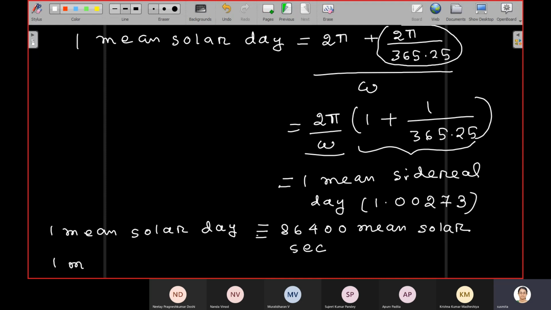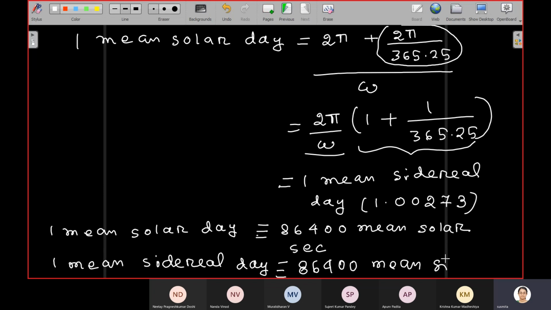Now one mean sidereal day is equivalent to 86,400 mean sidereal seconds. So again, one mean solar day has 86,400 mean sidereal seconds.